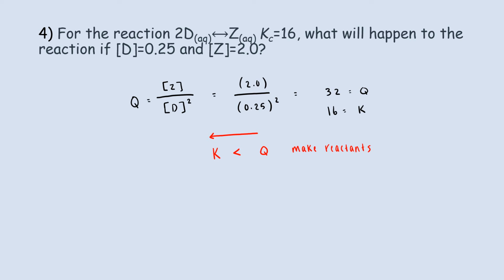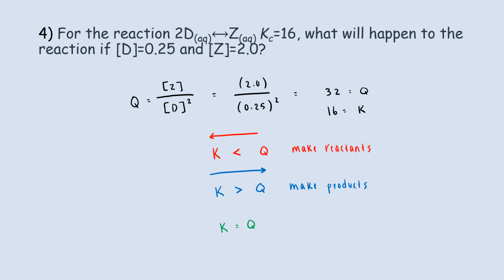If K is greater than Q, the reaction is going to shift to the right and make products. Finally, if K equals Q, neither side is favored over the other because the reaction is in equilibrium.